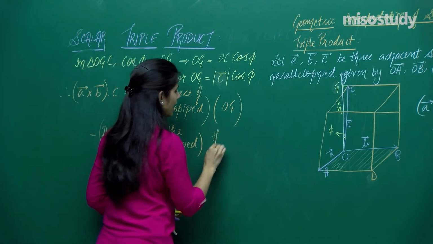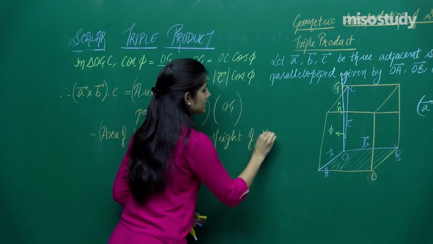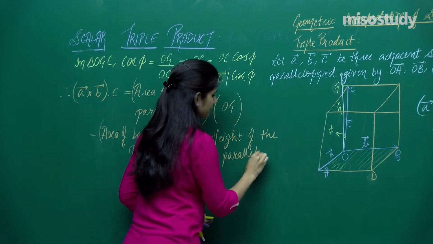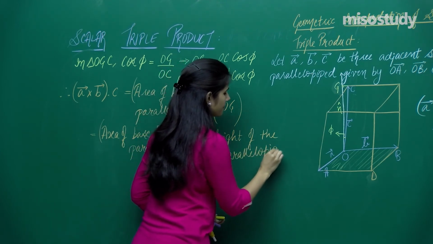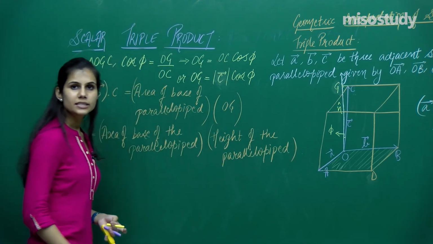times the height of the same parallelopiped. So what is this?